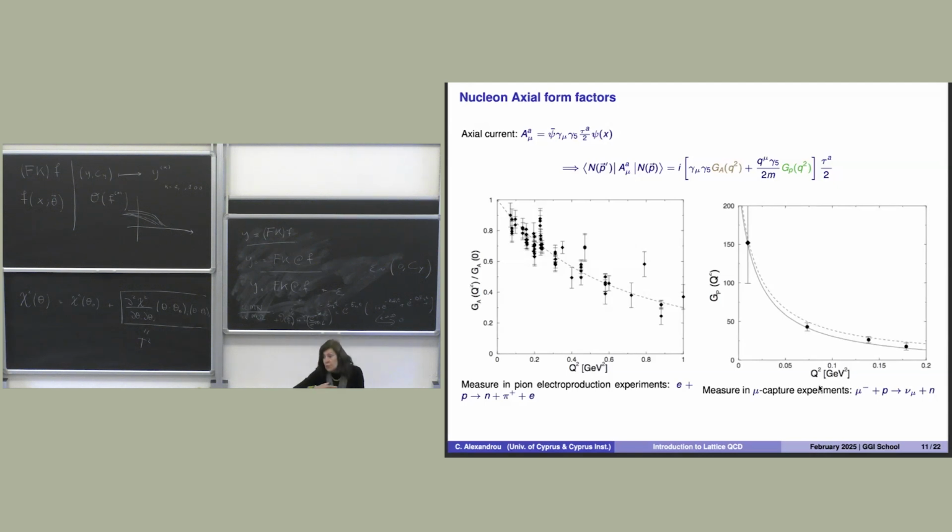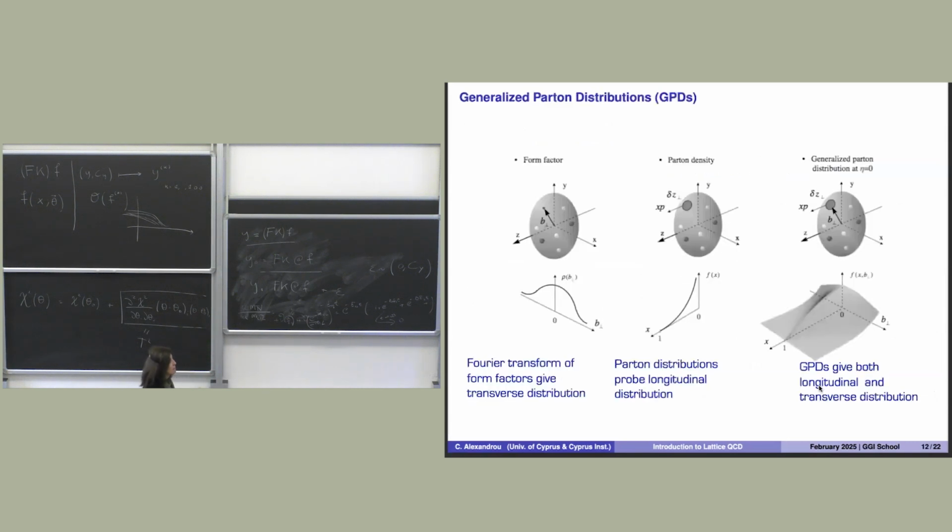I can put the electromagnetic, the axial, the tensor, the scalar, I can produce everything on the lattice. So that's the goal, that's what we're doing. But it needs a very careful analysis to extract each matrix element. I can do generalized parton distributions in the same way, because it's a different insertion, it's a different operator. I can get it all out, okay?